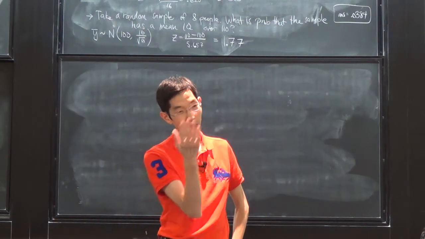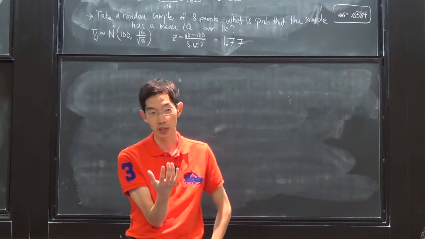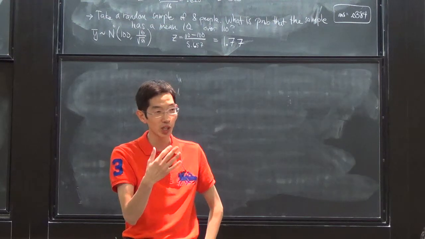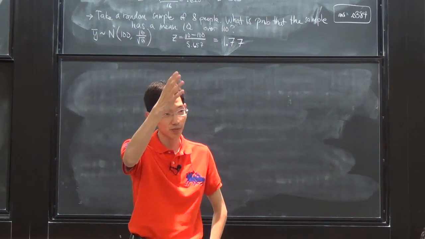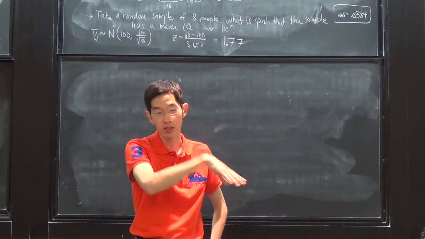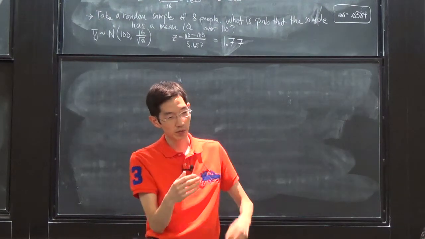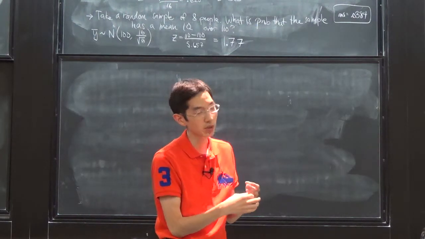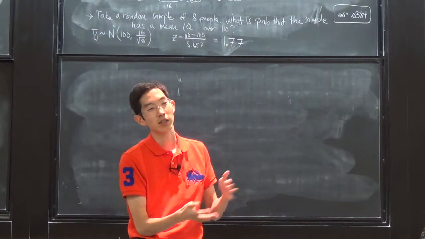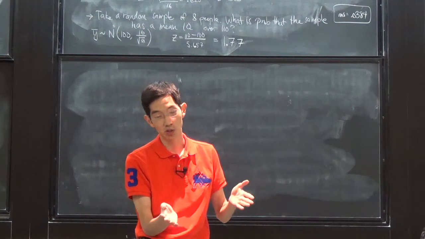Normally, we would just calculate binomial probabilities directly. We would do n choose j, p to the j, 1 minus p to the n minus j. We would use that formula, calculate these things directly. But if n is too big, and you have too many j's to worry about, then the normal approximation is useful.